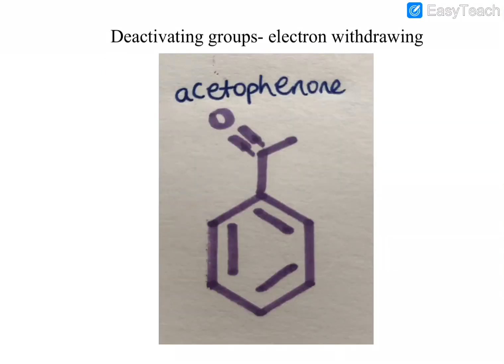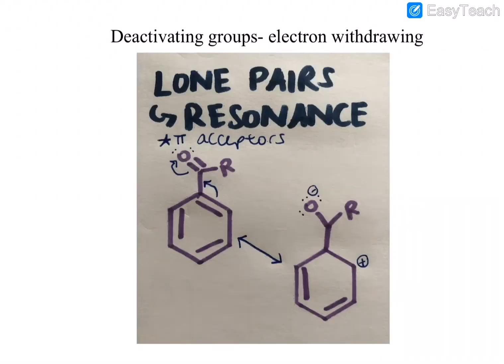Now we could consider a molecule like acetophenone or any molecule that has a carbonyl group. In activators, we looked at the ability of lone pairs to create pi bonds. Now we can see how resonance causes deactivating groups to be pi acceptors and actually remove electron density from the ring.